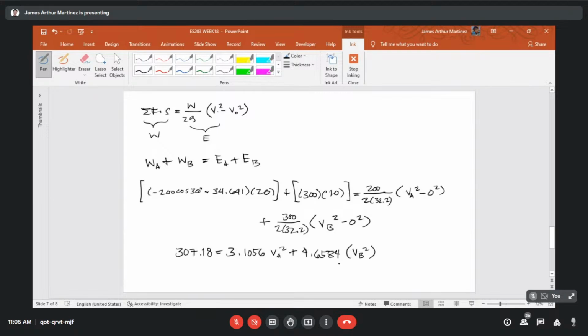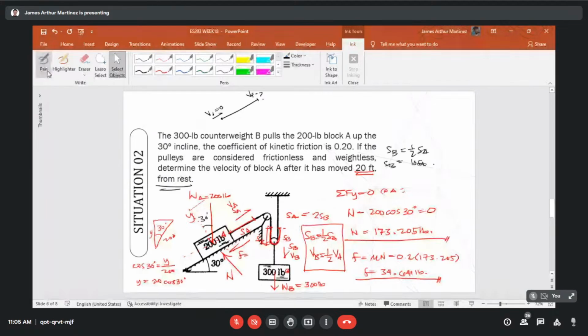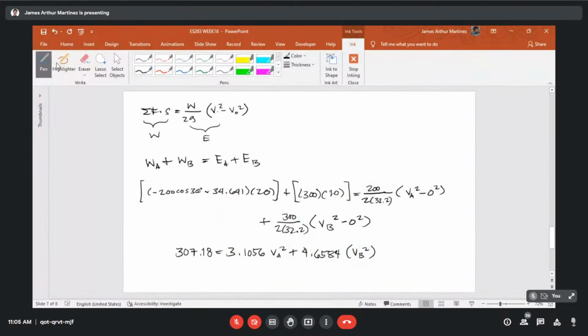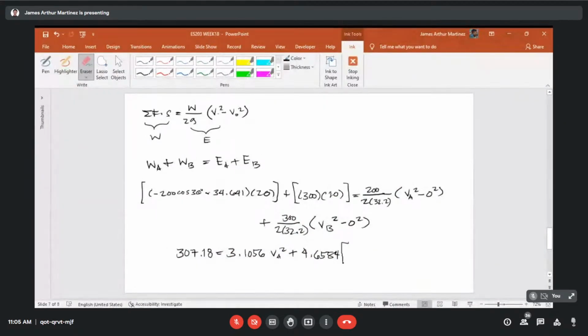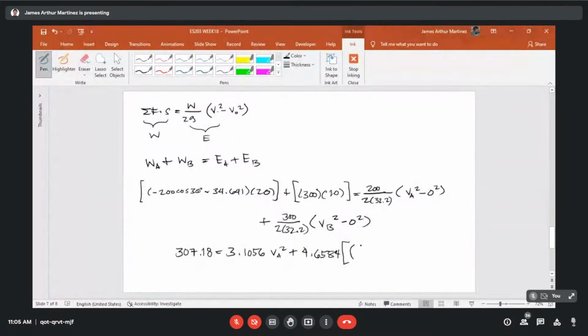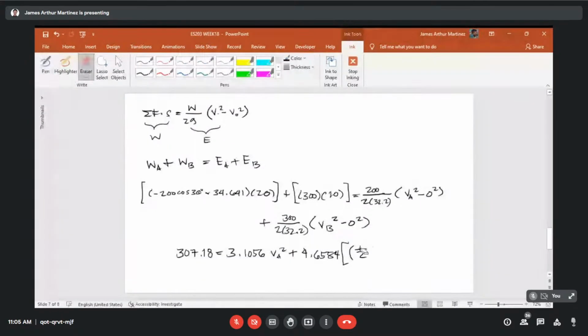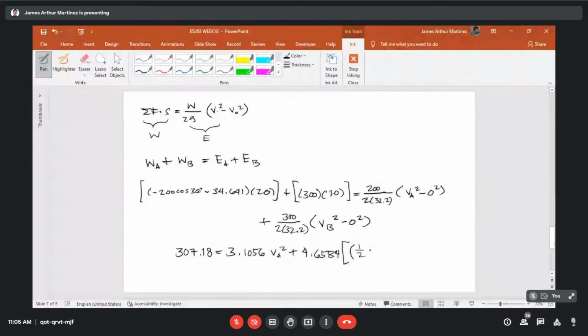So we have VA and VB. Our objective is VA, right? So how do we relate VB to VA? Remember that we have this relationship that VB is just equal to one half of VA. So if we express VB in terms of VA, this is just one half of VA, squared.